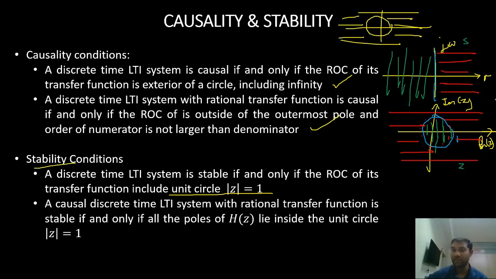This is how the axes are transformed between S and Z domain. Whatever is on the imaginary axis in the S plane is on the unit circle in the Z domain. The right hand side of the S plane is outside the unit circle in the Z domain, and the left hand side of the S domain is inside the unit circle in the Z domain.